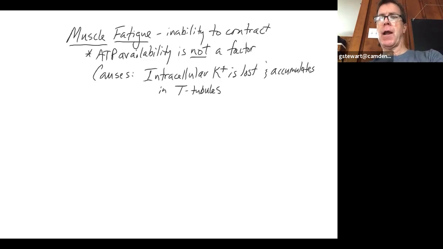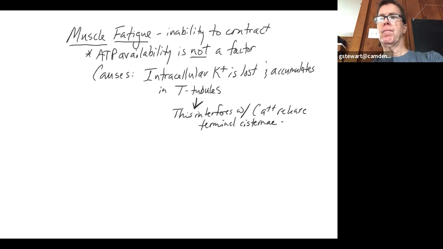And so I'm going to draw an arrow down and just say this interferes with calcium ion release from those terminal cisternae of the sarcoplasmic reticulum. I'm just going to write SR, that means sarcoplasmic reticulum.